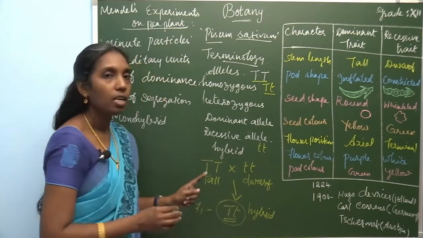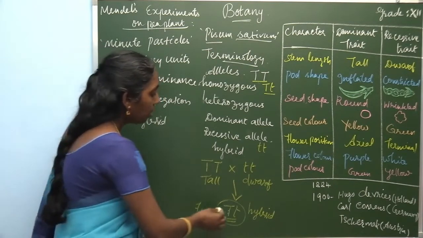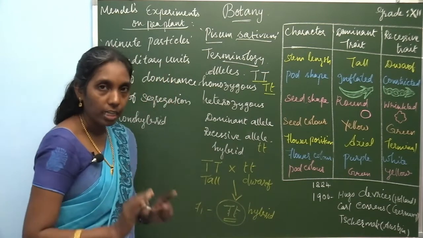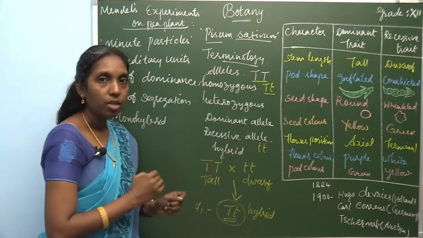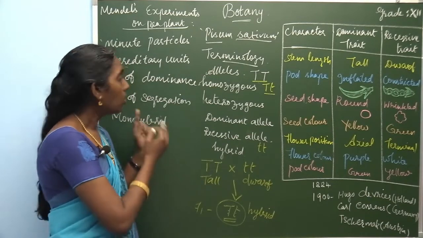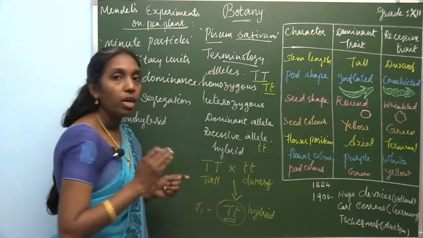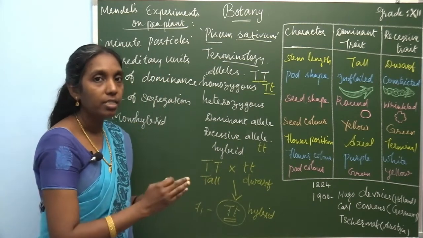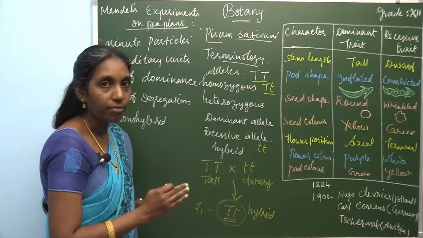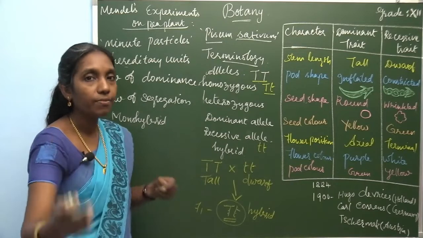Dominant character will express in the F1 generation. The recessive character will not express. So only one character, the dominant character, is expressed in the first generation, F1 generation, and both the characters are expressed in the F2 generation.